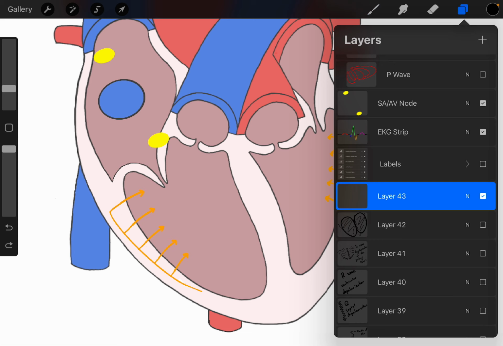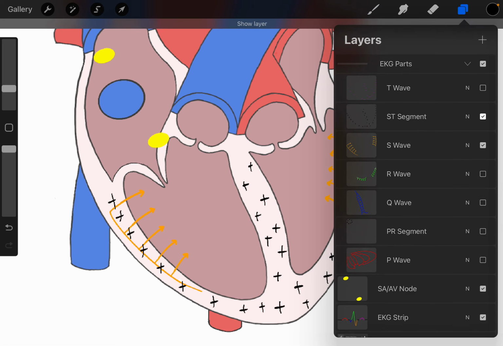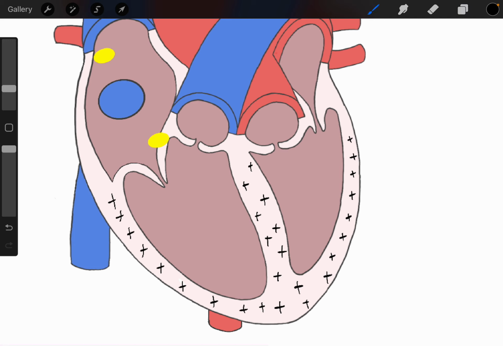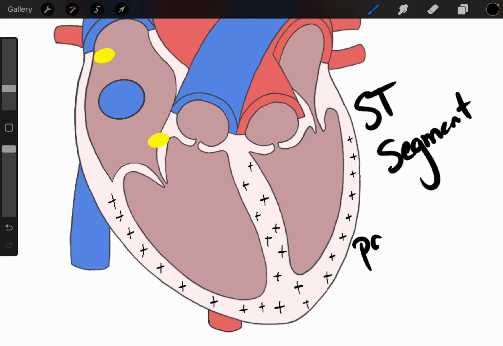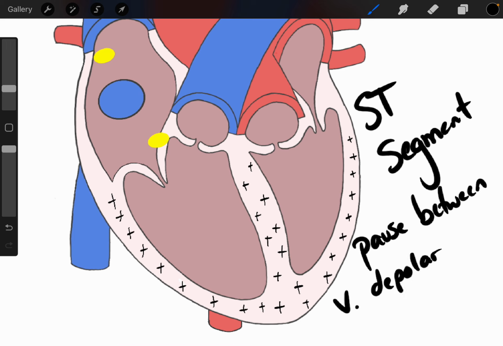Now, this last section, okay, this ST segment, is going to be a pause between ventricular depolarization that just happened with the S wave and ventricular repolarization, which is about to happen.